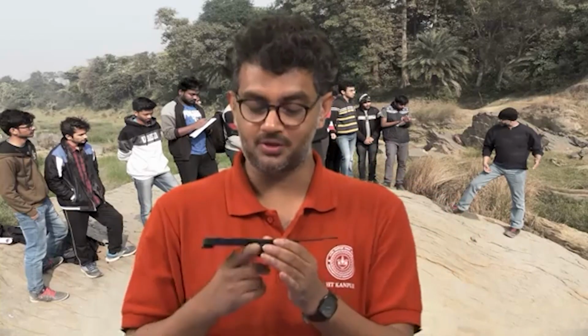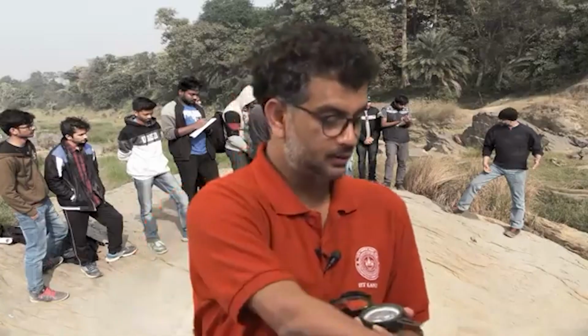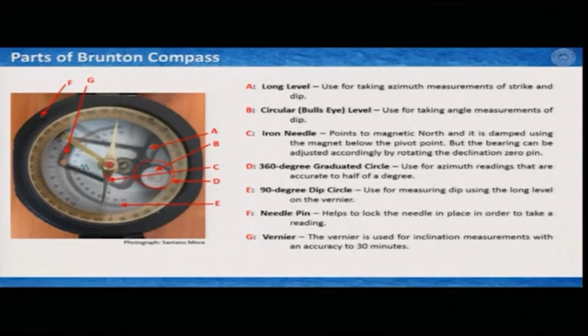Now, how do you make sure that you are keeping your compass along a horizontal plane? To do that, we have one circular level, if you look at the slide, which we call the bull's eye level. Keeping this little bubble inside the circle makes sure that your compass is horizontal.